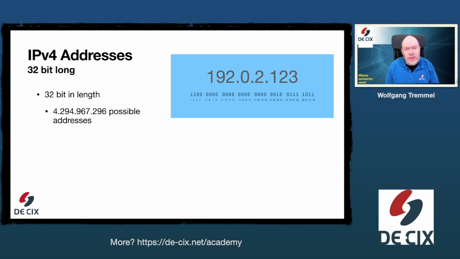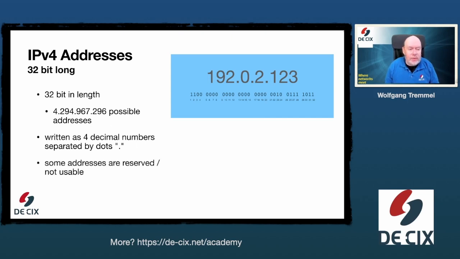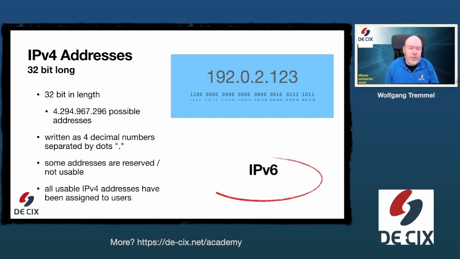And they are written as 4 decimal numbers separated by dots. Some of these addresses are reserved and not usable. And keep in mind, all usable IPv4 addresses have been assigned to internet service providers or end users. So there are no more IPv4 addresses left.